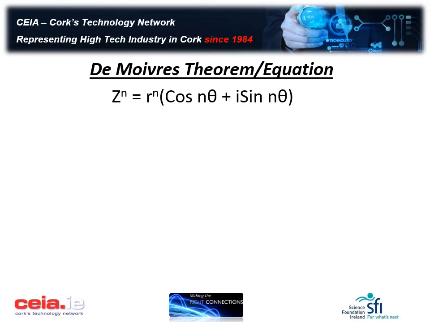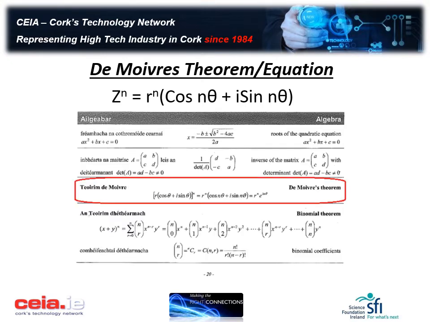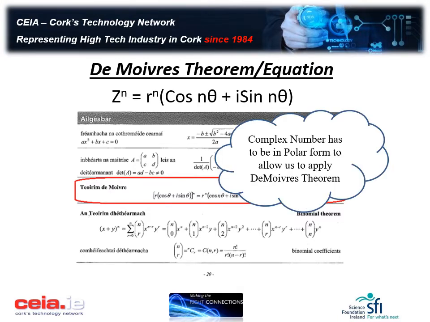It's not a very difficult equation, but just in case you're worried that you may not remember it going into the exam, it is actually included on page 20 of your maths tables in this format. So just be aware that it is in the maths tables. There's no need to learn it off, but it is not a very, very difficult equation. Just to remind you that the complex numbers have to be in polar form to allow you to apply De Moivre's theorem.